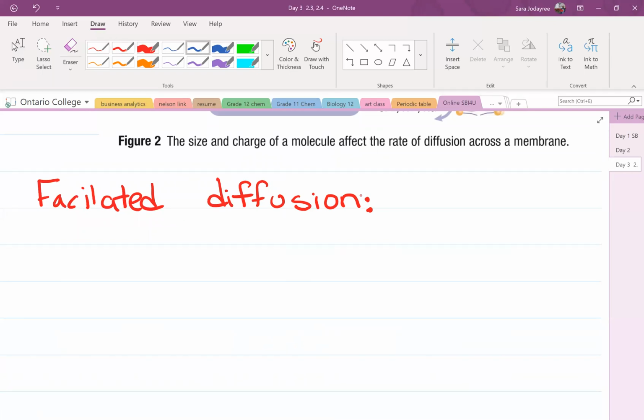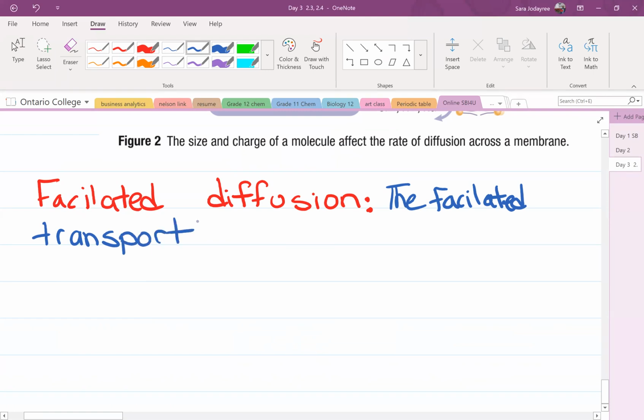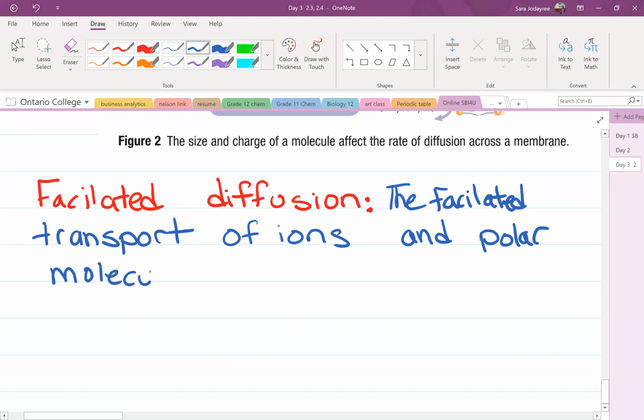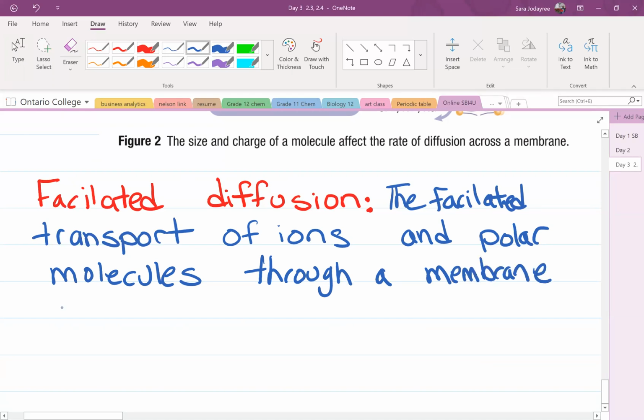A slow rate of diffusion may not keep up with the demand that metabolic processes often have for ions or polar charged molecules. So facilitated transport of ions and polar molecules through a membrane via something called protein complexes.